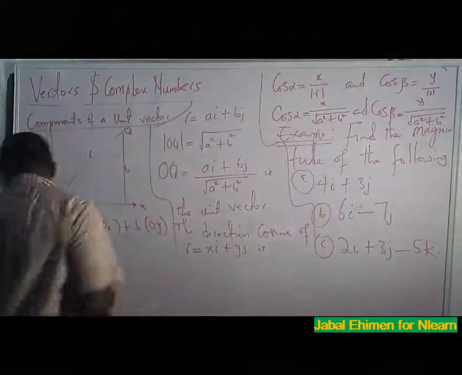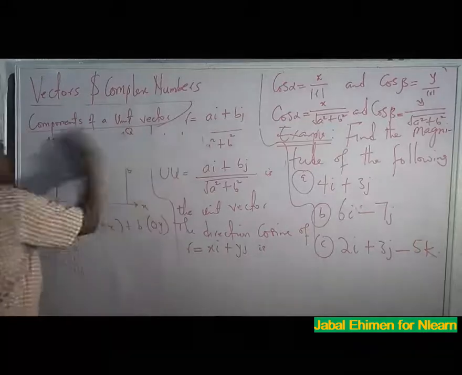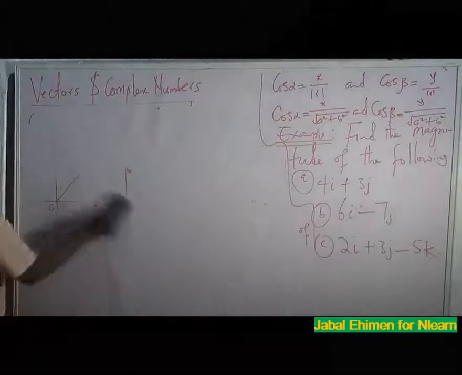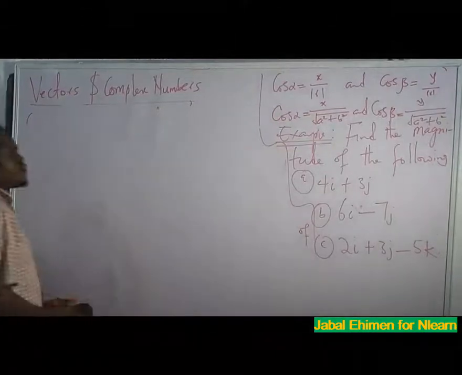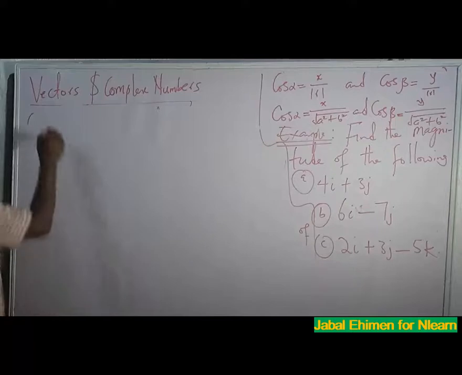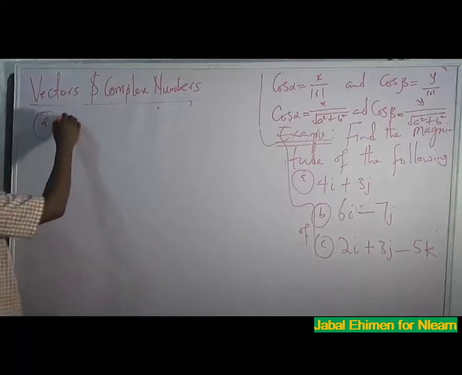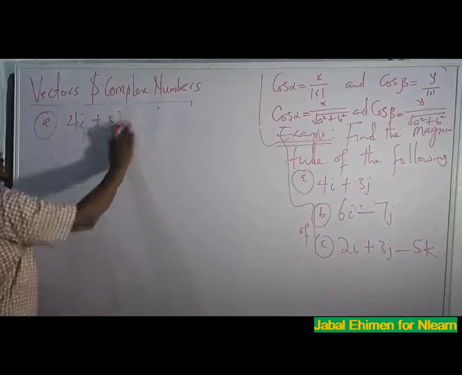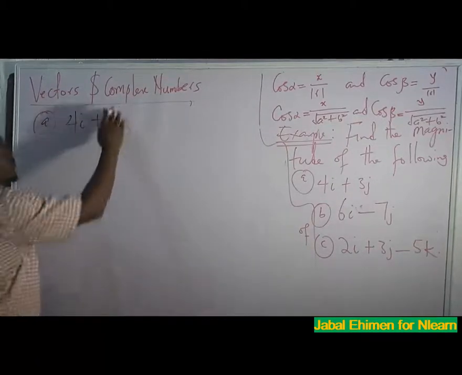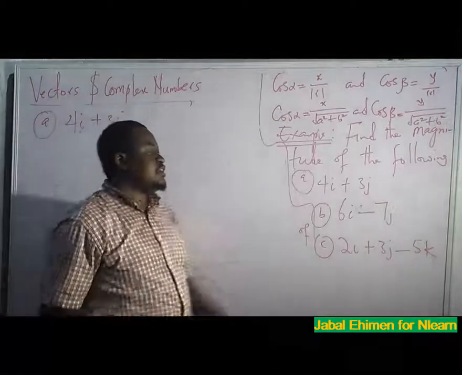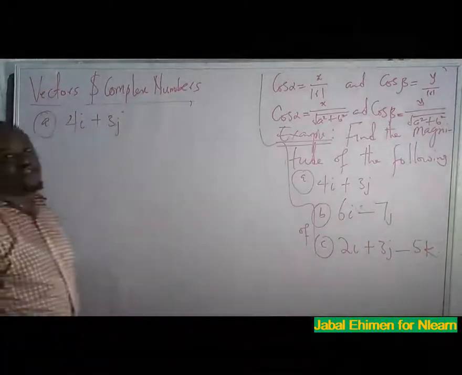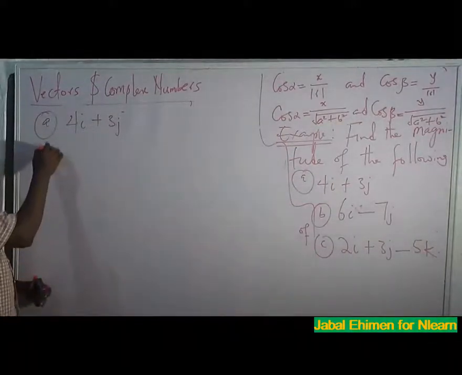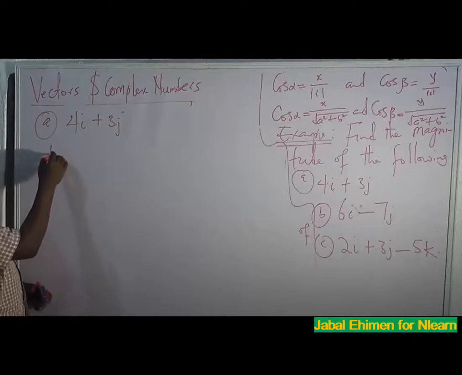Considering the first question, question A, which is 4i plus 3j, it says find the magnitude. The magnitude, I told you, is also called the modulus of the vector.